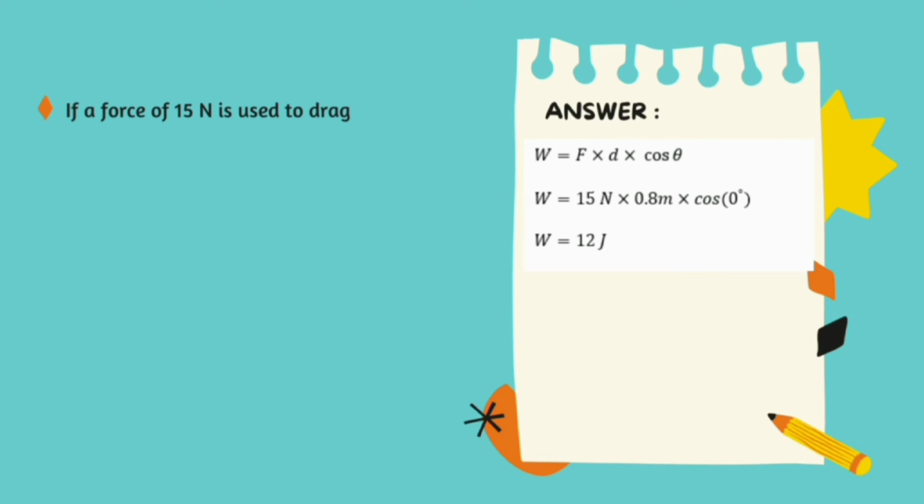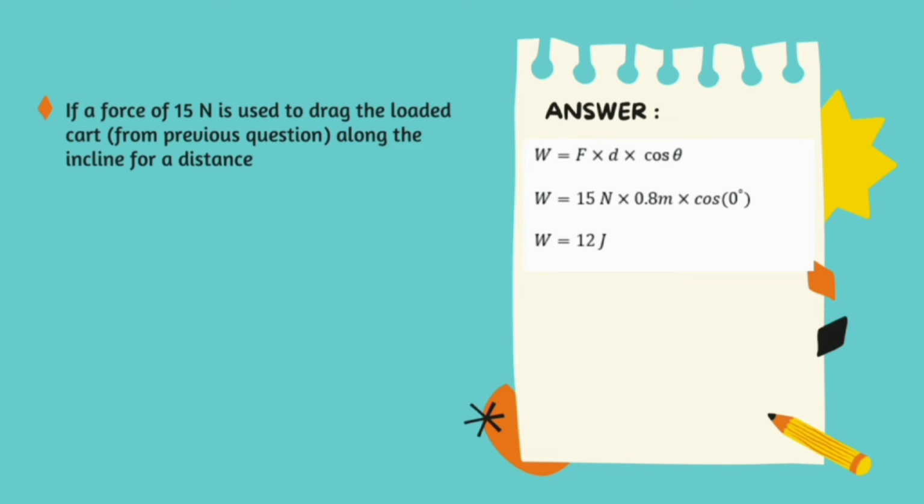The next question is, if a force of 15 newtons is used to drag the loaded cart from the previous question along the incline for a distance of 0.60 meters, then how much work is done on the loaded cart? To solve this problem, we need to use the work formula, which is W equals force multiplied by displacement and cos theta.